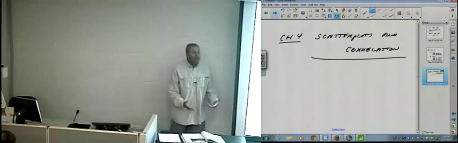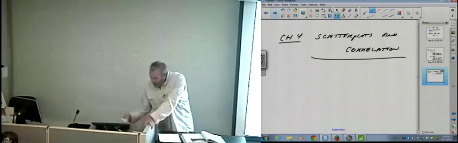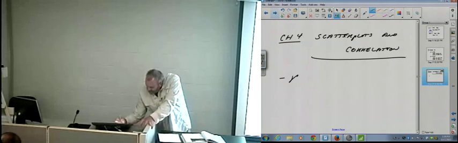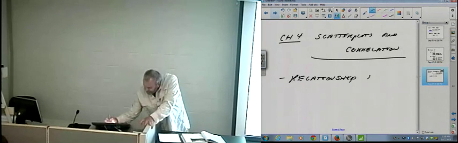Now, the way we think about chapters 4, 5, and 6, we are looking at the relationship between two variables.